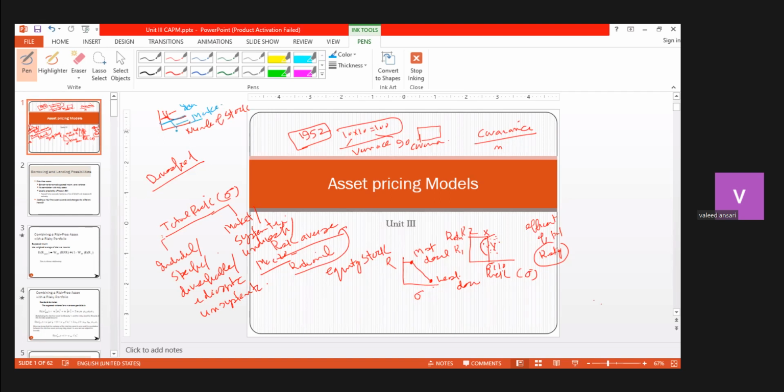And according to various studies, when the number of stocks is 10, 15 to 20 or 30, there is less chance of risk reduction. The total risk is made of this.